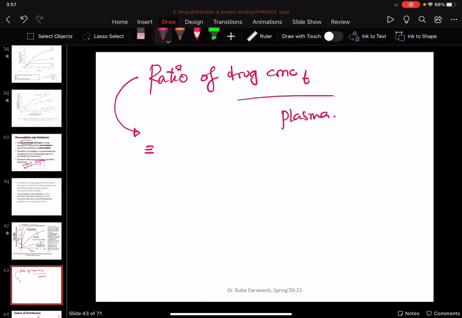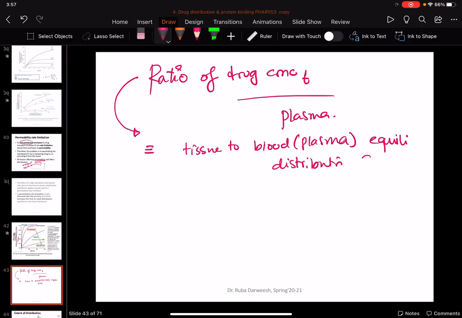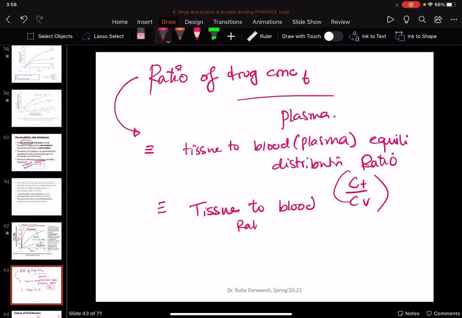We have the tissue to blood, and it could also be plasma, equilibrium distribution ratio, which could also be written as CT over CB, the concentration in the tissue versus in the venous blood. It could be called the tissue to blood ratio for short.